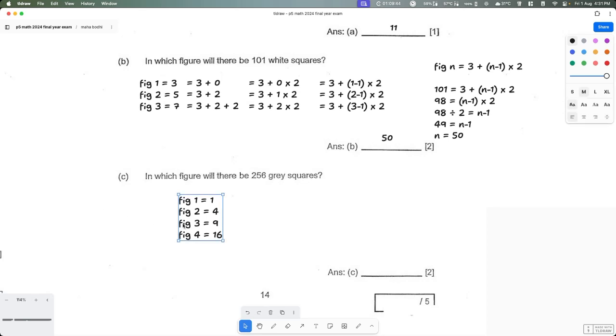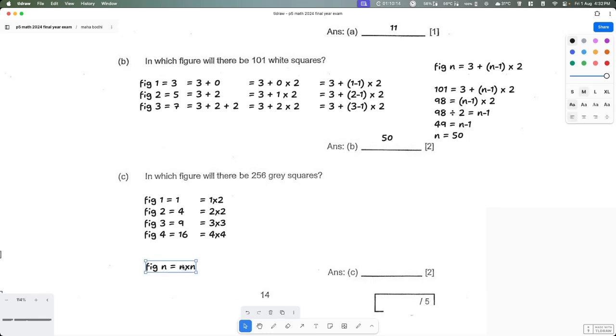So do you see any similarities? This is actually equal to 1 times 1, 2 times 2, 3 times 3, and then 4 times 4. So if you want a more advanced way of seeing things, figure n is equal to n times n.